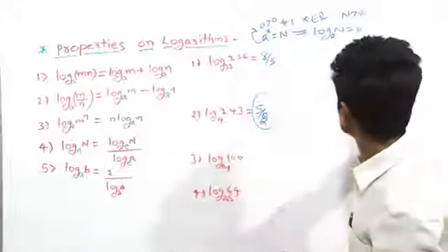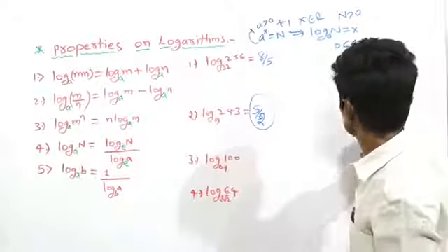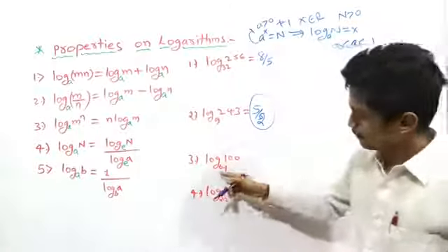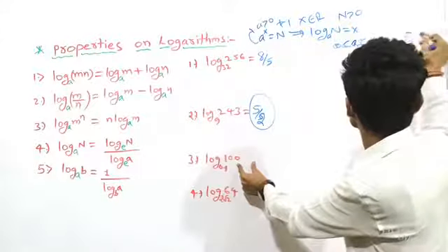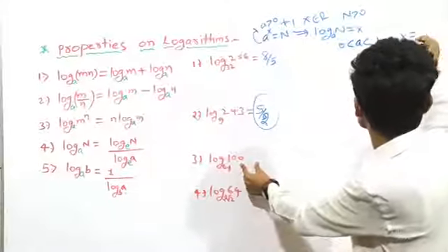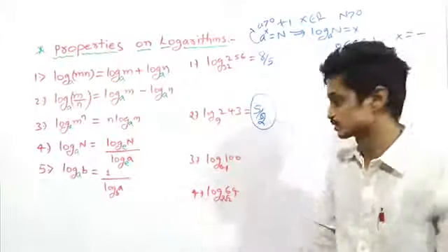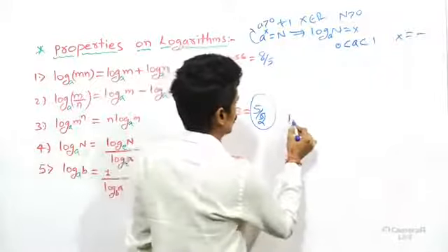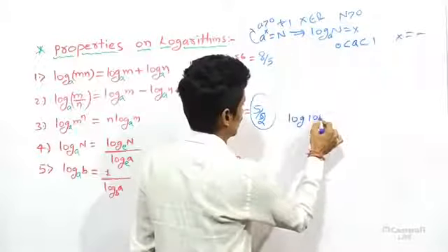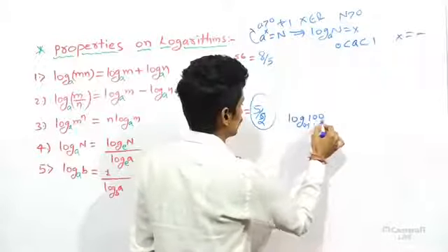This value lies completely between 0 and 1. When your base is between 0 and 1, definitely your power will be negative, no doubt about that. Then look at this question: log of 100 to the base 0.1.